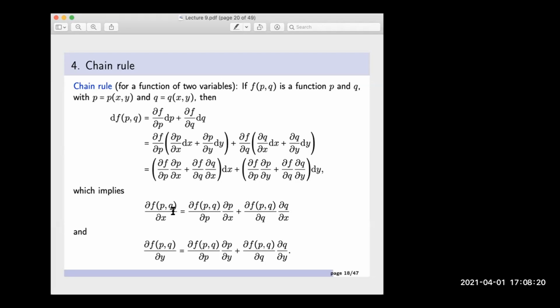When you have another variable q, you simply have an additional term due to the change of q. And similarly, if you take a partial derivative in y, you only replace these partial derivatives from x to y. This is called the chain rule for partial differentiation.